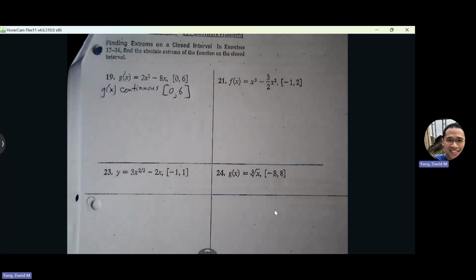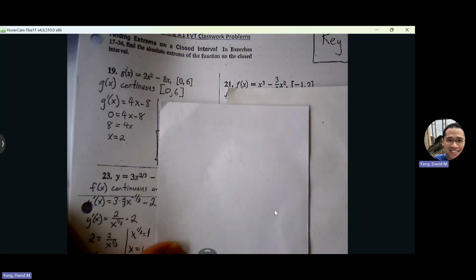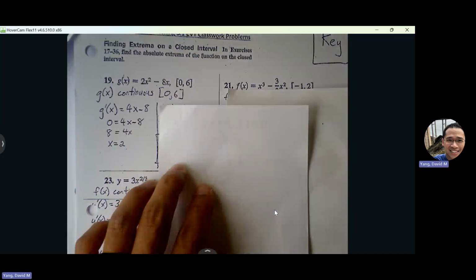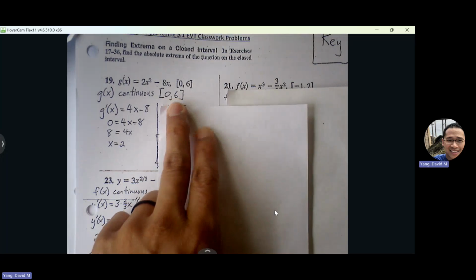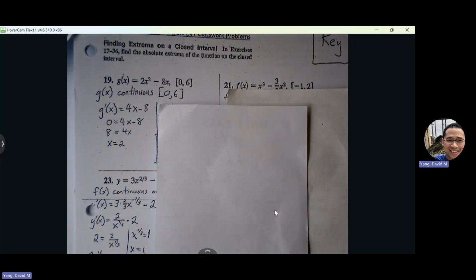Okay, what did you get for your critical point? X equals what? 2, yep. Is 2 valid? Yes, 2 lands between 0 and 6. So we have 3 points to test. So find G of 0, find G of 6, find G of 2, and then make your decision based off of comparing your y values.